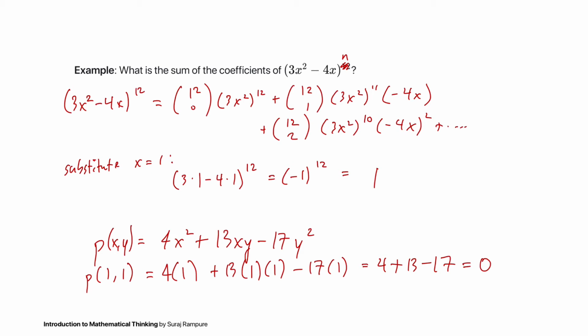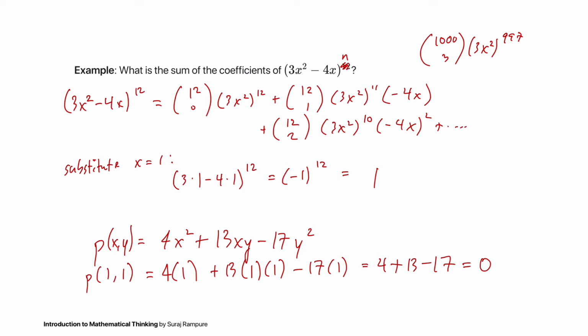And I think that's kind of interesting because suppose we had 3x squared minus 4x to the 1,000. So those numbers would be of the form, I don't know, 1,000 choose 3, 3x squared to the 997. Like those are massive numbers. But the sum of the coefficients would still be either 1 or negative 1, which I think is pretty interesting. Does everyone sort of see what I'm trying to say?